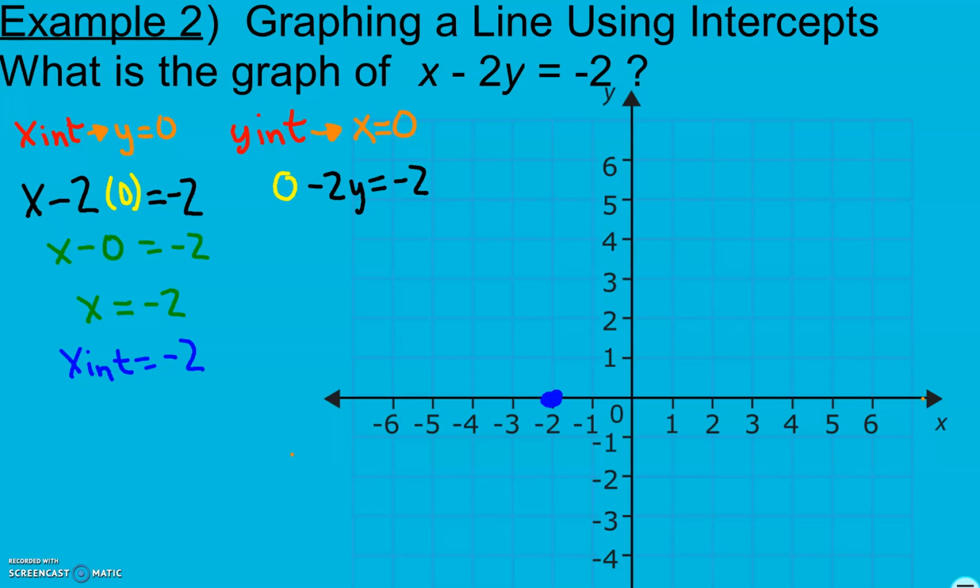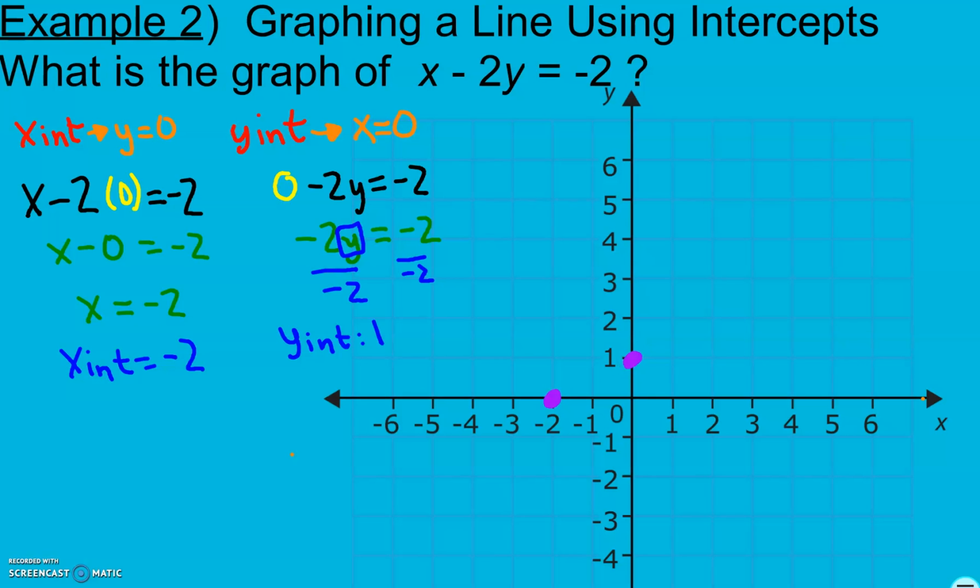I can do the same thing for simplifying for my y-intercept here. All the way simplified. Y is being multiplied by -2, so I'm going to go ahead and divide. And my y-intercept then is going to be at 1. So where I cross the y-axis at 1, I have a point.